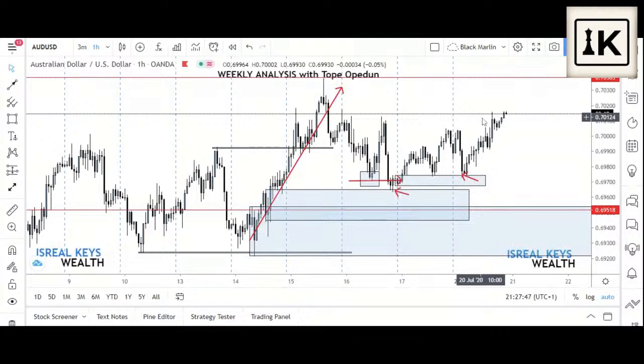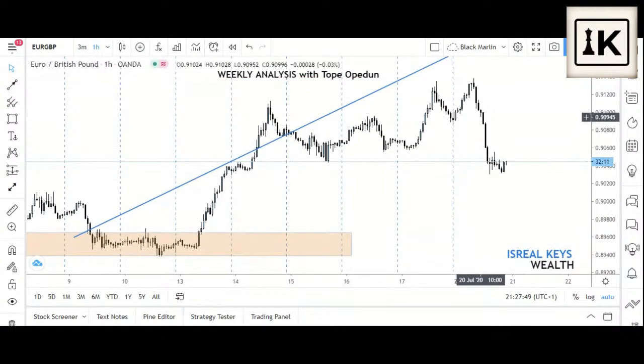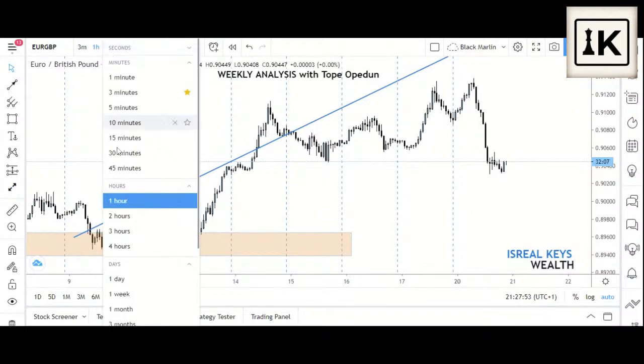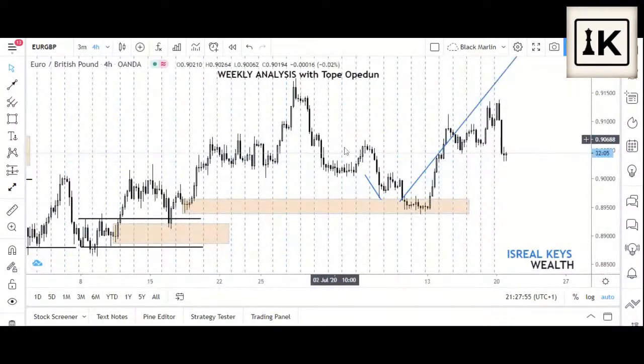So let's go to the next pair. This is not really a major pair, but we can look at it. I was analyzing this a couple of weeks ago, and this was my prediction for this trade. And as you can see, it hit the spot nicely, and it traveled, hit the first target over here.